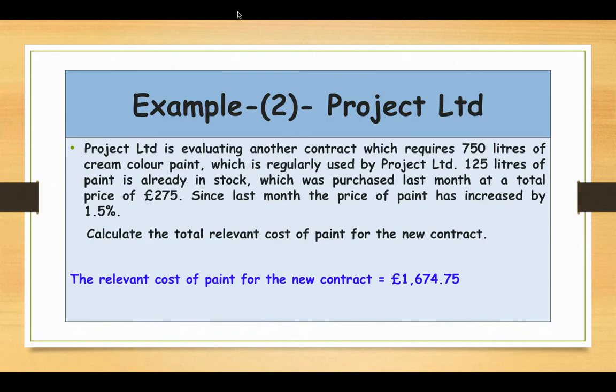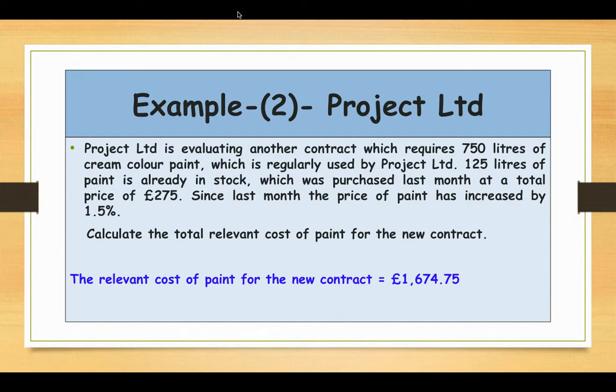So that regularly used is a key point here. 125 litres of paint is already in stock, which was purchased last month at a total price of £275. Since last month, the price of paint has increased by 1.5%. Calculate the total relevant cost of paint for the new contract.